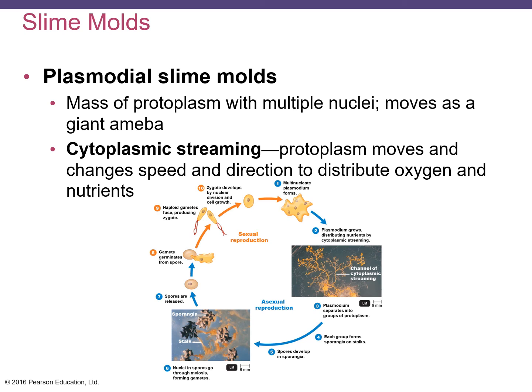Biologists have found that muscle-like proteins forming microfilaments account for the movement of the plasmodium. When plasmodial slime molds are grown in laboratories, a phenomenon called cytoplasmic streaming is observed, during which the protoplasm within the plasmodium moves and changes both its speed and direction, so the oxygen and nutrients are evenly distributed.